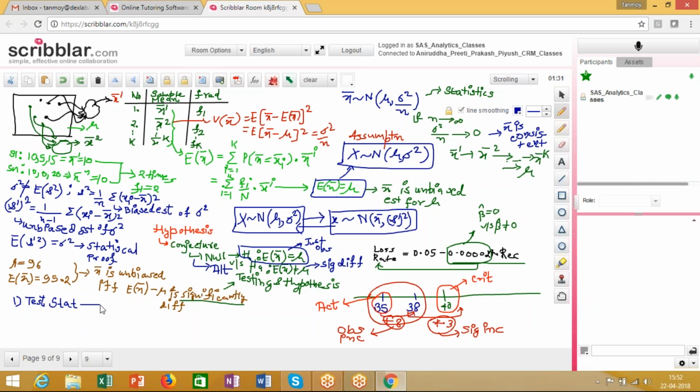Now, once we look into this test statistic, right? So this test statistic will divide the entire testing into two regions: acceptance and rejection.